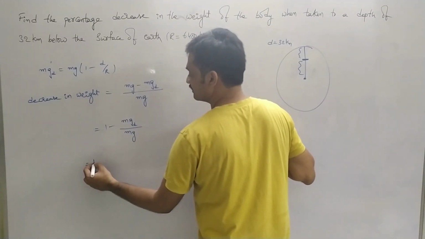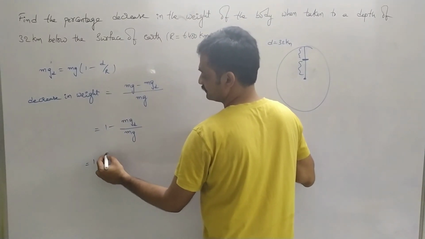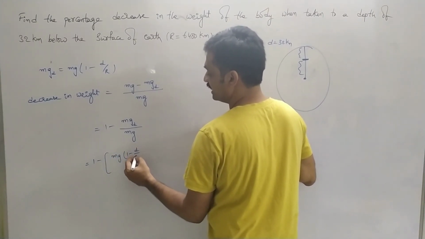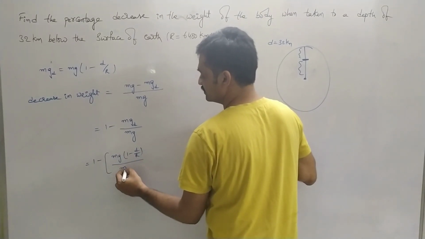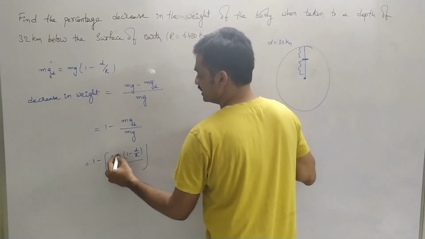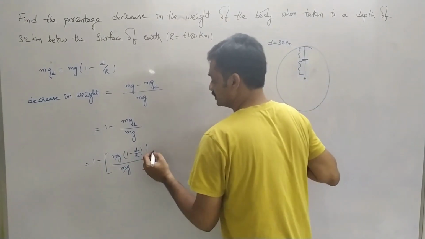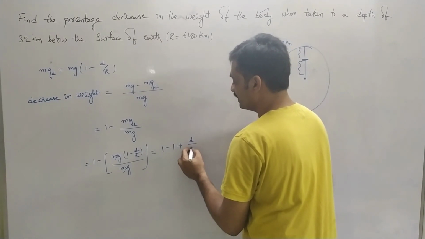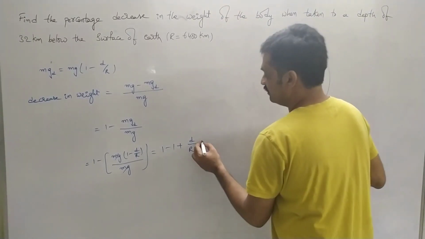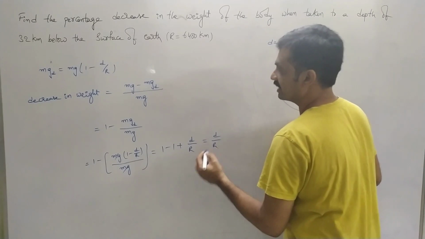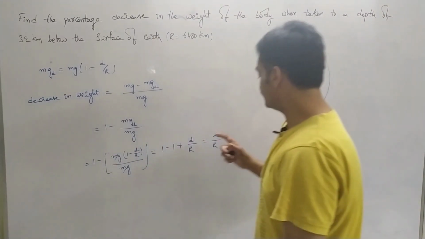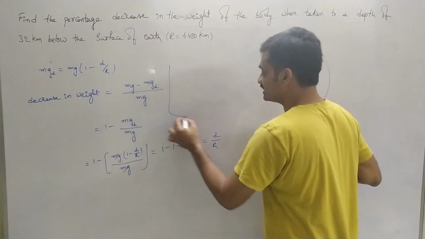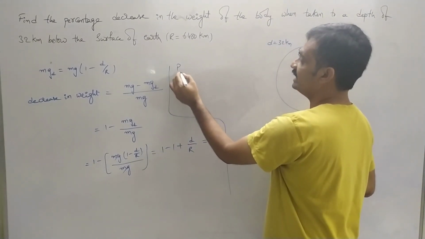As we substitute this value, 1 minus mg into 1 minus d by r by mg. mg and mg get cancelled. So here we get 1 minus 1, minus of minus plus d by r. So finally d by r. Decrease in the weight is represented based on the depth as well as the radius of the earth. Now we have to represent percentage decrease in weight of the body.